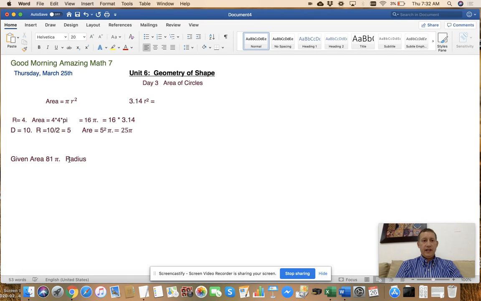You divide by pi, and you take the square root of 81, which is 9. What number times itself equals 81? It's 9. So fortunately, you don't have to do that in today's homework, but that just lets you know if you're given the area, you can find the radius. And if the radius was 9, what would be the diameter? It'd be twice that. 9 times 2, which is 18.